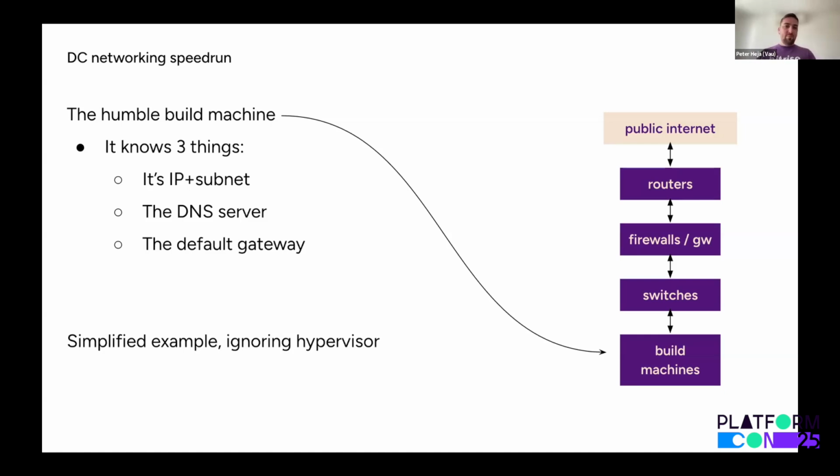It knows its IP and subnet, obviously, DNS, and where to reach the default gateway. This is obviously a simplified example because I'm ignoring the hypervisor. The hypervisor might introduce some extra layers here, but for our example, this is the most basic thing. It knows where to reach the internet.